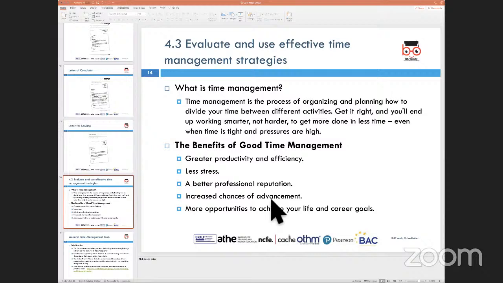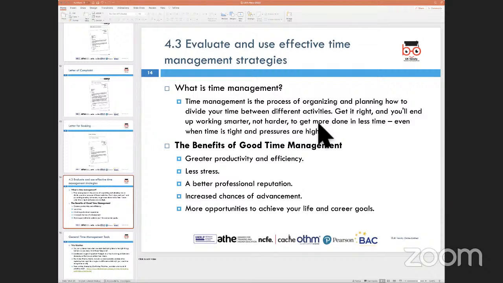This is something that we will also look at when we talk about Eisenhower's urgent-important principle. In that principle, he talked about what is urgent and what is important, and how we classify these as two different forms of activities. Now, before I get into that, let's look quickly at some of the benefits of good time management.